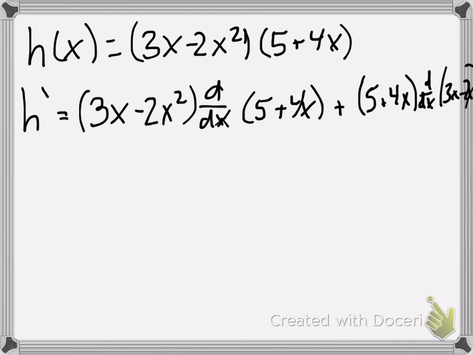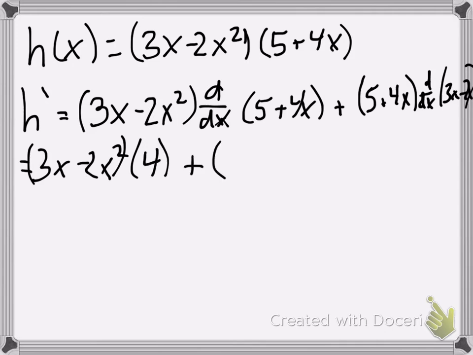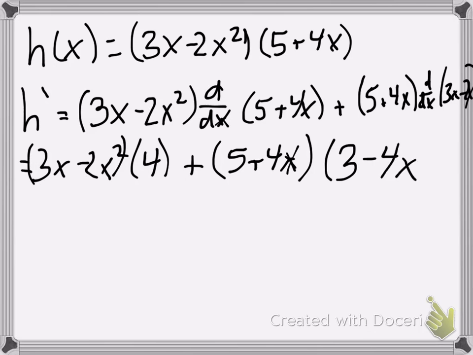I'm running out of room there, but I think you understand the idea. So, we get 3x minus 2x squared times the derivative of 5 plus 4x, which is just 4, plus the 5 plus 4x times the derivative of the first function, which will be 3 minus 4x.